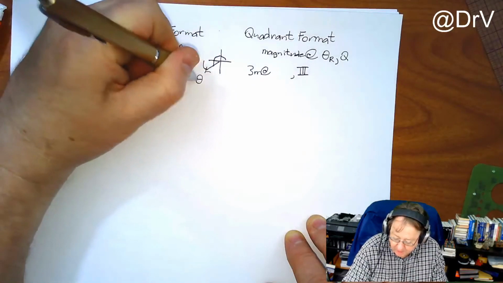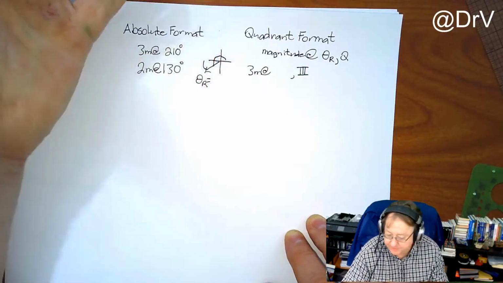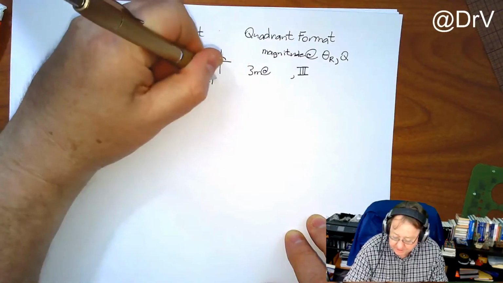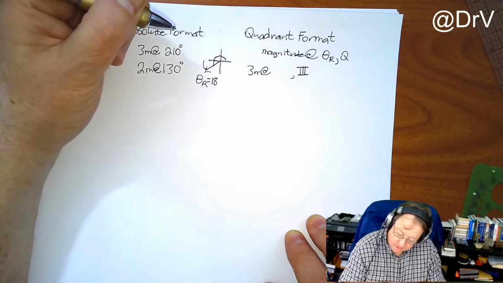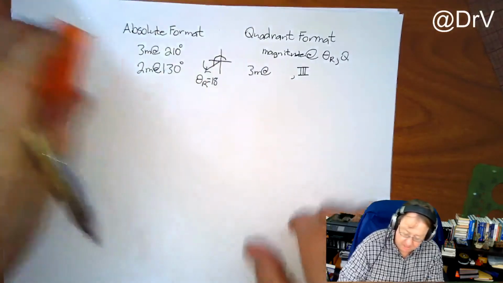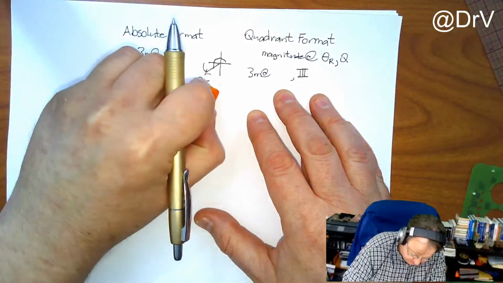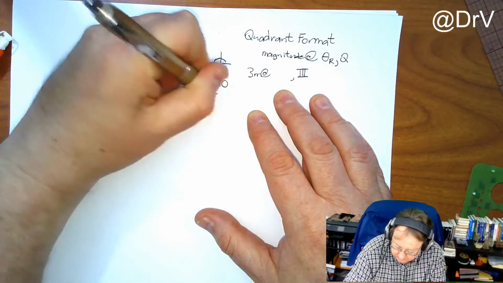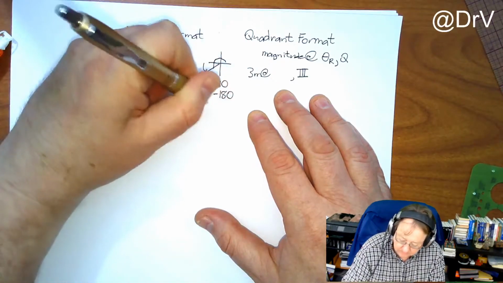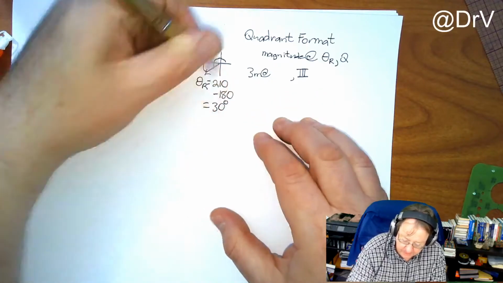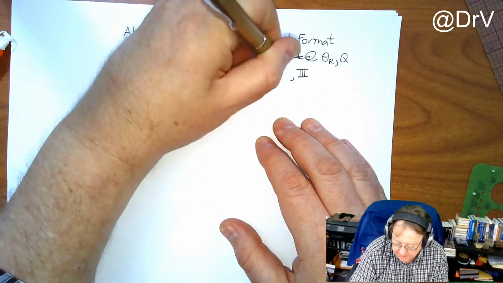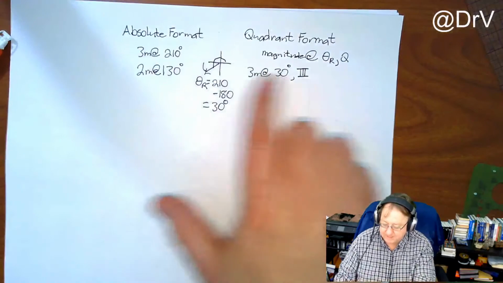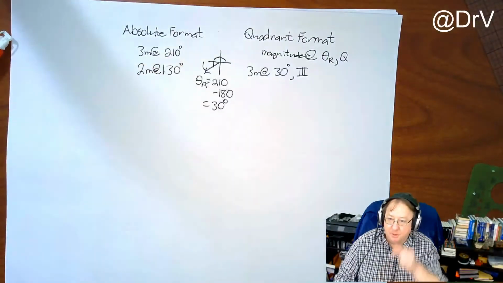So your theta R, using the other page, is 210 minus 180, or 30. So 3 meters at 30 degrees, third quadrant, is the same as 3 meters at 210.